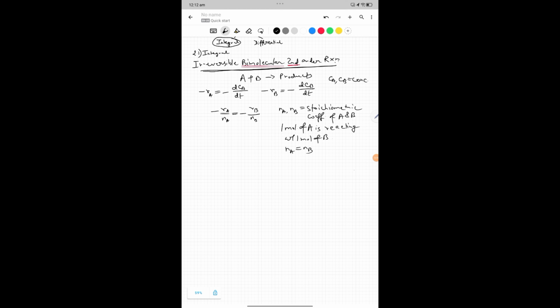If NA equals NB, then minus RA is equal to minus RB, so the two rate expressions are equal.